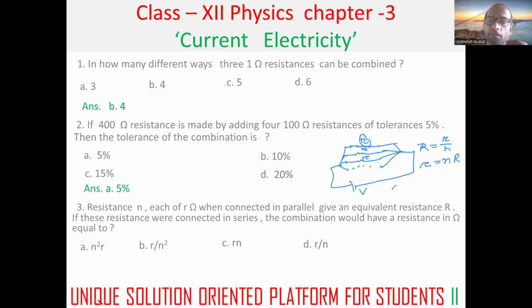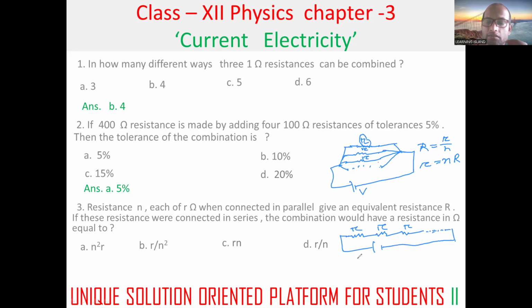Now if they get connected in series combination, 1, 2, 3, dot, n number. So this is small r, this is small r, this is small r, dot up to n. This is the series combination.